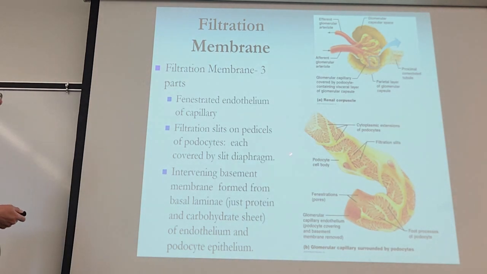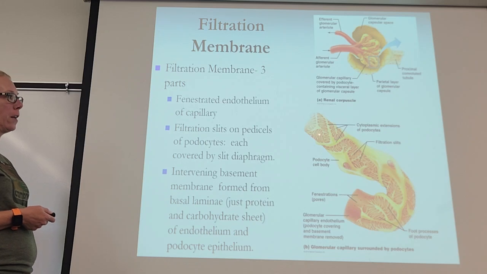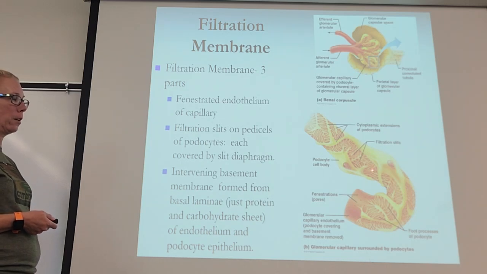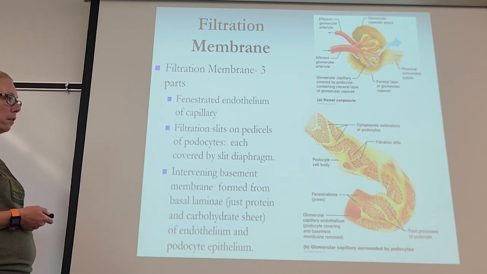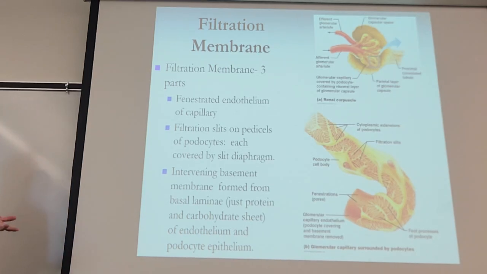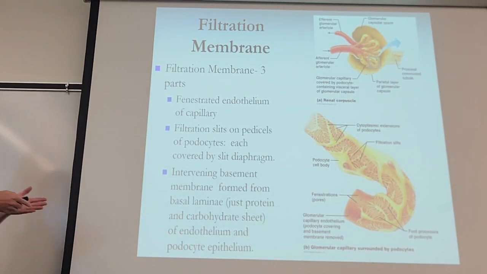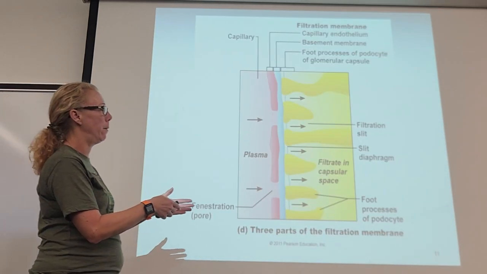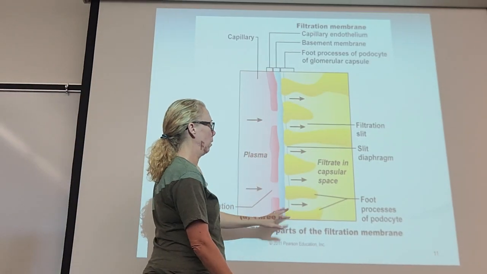So you've got the fenestrated pores of the glomerulus, and then you have these fingers of the podocytes that create like another screen, okay? And then in between those two layers, you have a basement membrane, or like a lamina propria, where both of them can attach to, okay? So the next slide basically gives you this rundown, okay?